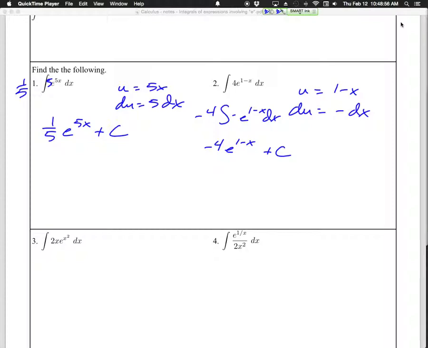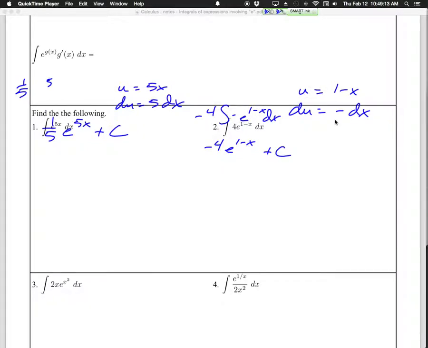So why is it negative 4e? There's 2 negatives. The negative on e goes away. Remember, if we go back up to the top, I took the derivative of g of x, which gives me g prime of x.